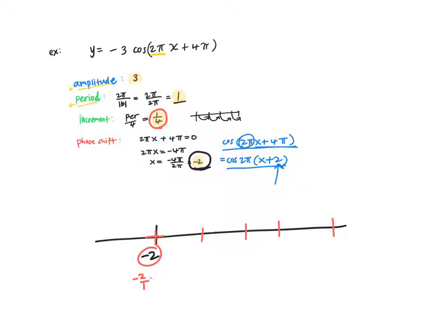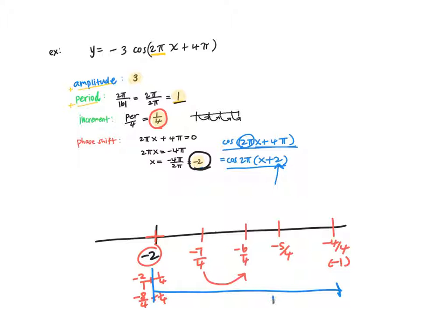So -2 plus 1/4 would give me -7/4. Then I add another fourth and I get -6/4, then -5/4, and -4/4, which is really -1. So from -2 to -1 is 1 unit long, and that's our period.